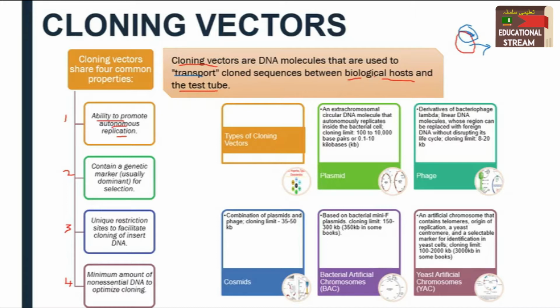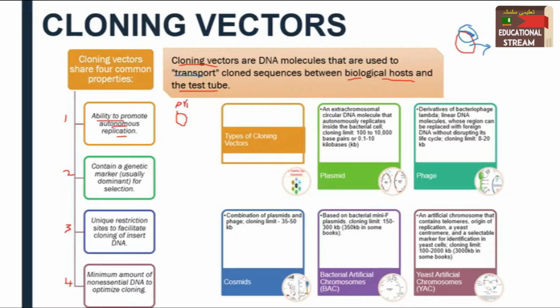If you recall your molecular biology course or any such kind of course that you have studied during your BS or MSc program, you have studied about the replication. It involves origin of replication. If I give you an example of E. coli, then it has an origin of replication which is known as locus.